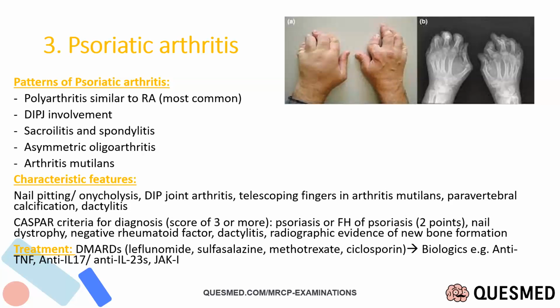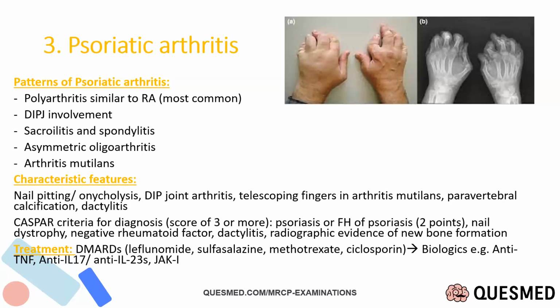Other features to look out for when examining patients are nail pitting, so always look at the nails, and onycholysis, where the nail breaks away from the nail bed. You want to look at which joints are most affected, so that DIP distribution, and always examine their spine.